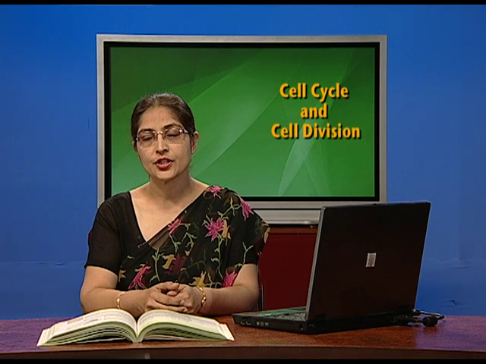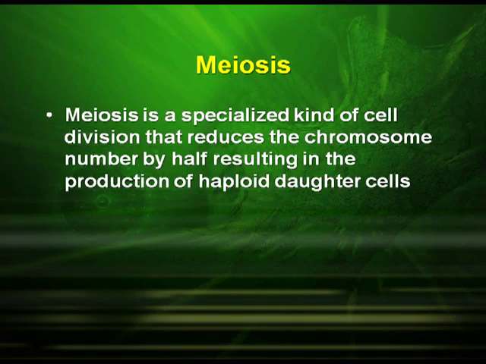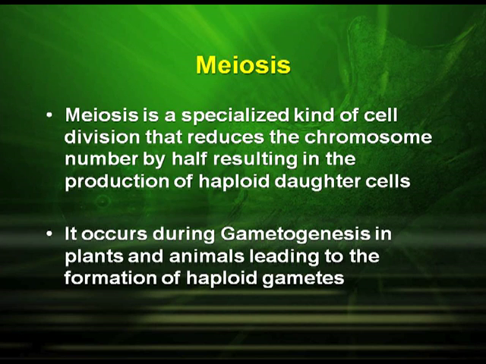Another kind of cell division is meiosis. Meiosis is a specialized kind of cell division that reduces the chromosome number by half, resulting in the production of haploid daughter cells. It occurs during gametogenesis in plants and animals, leading to the formation of haploid gametes.